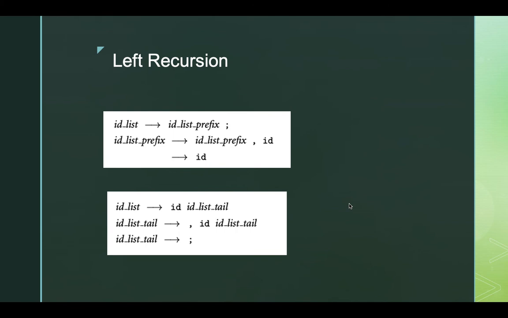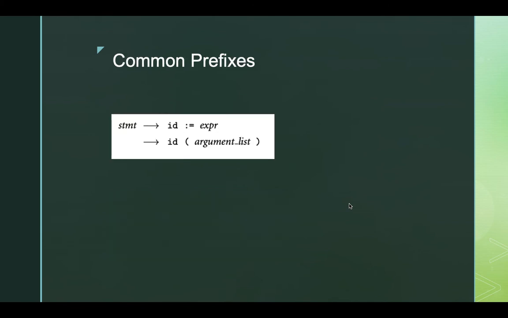It can also get caught by common prefixes, where if you see the two places that ID appears, they're in the same spot, directly to the right of the arrow, two statements in a row. And so this causes the same problem as left recursion. The parser gets confused because there are two of the same values following after each other, and it's unable to continue the recursion.